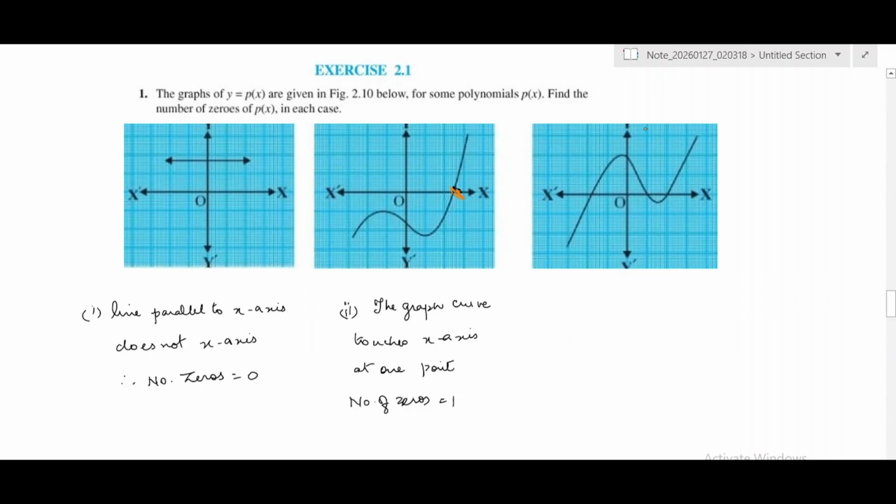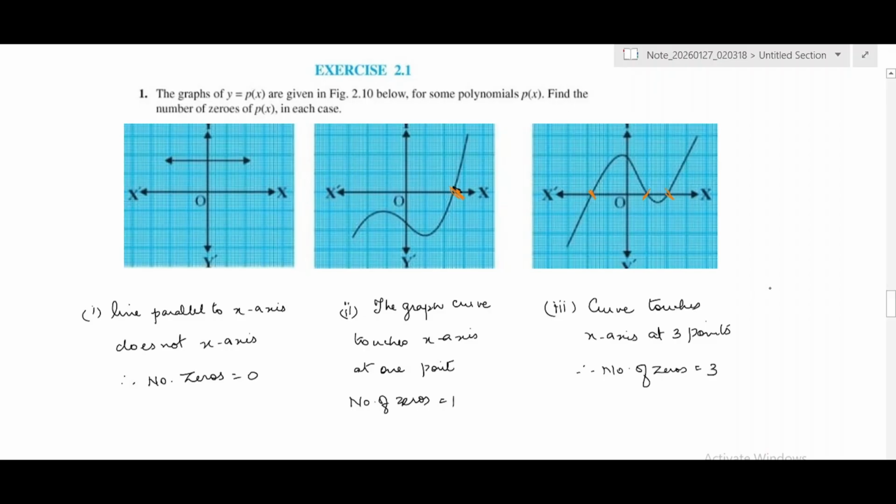Now here the curve touches the x-axis at how many points? 1 point, second point, third point. Third one, the curve touches the x-axis at 3 points. Therefore, the number of zeros is equal to 3.